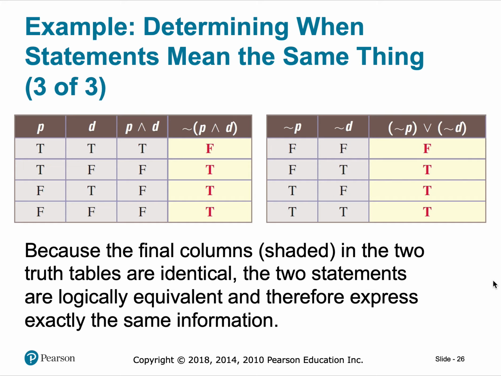Because the final columns are identical for both situations, these statements are logically equivalent and therefore express the same exact information. So I made one truth table for P and D being true, and then one truth table for P and D being not true, or using that contrapositive lingo.